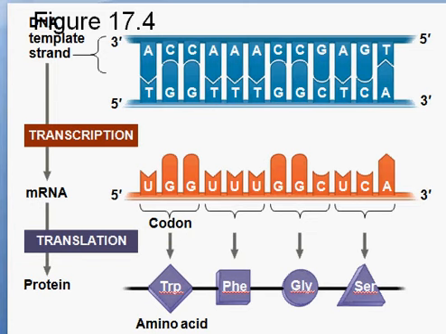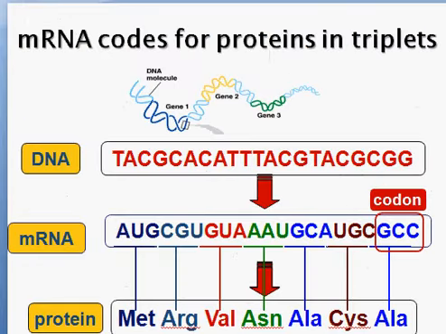So you can see there, for example, where UGG is a codon for tryptophan, that amino acid. And again, this should be reviewed from your general biology class. This is just another picture showing that same idea of taking the DNA, transcribing it to messenger RNA, and then translating that into a sequence of amino acids.